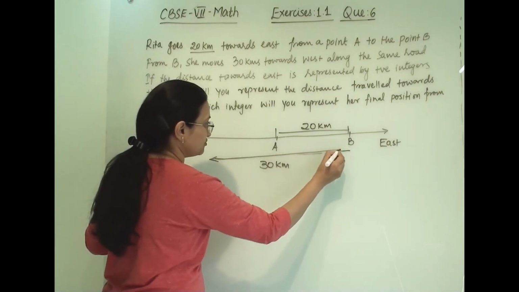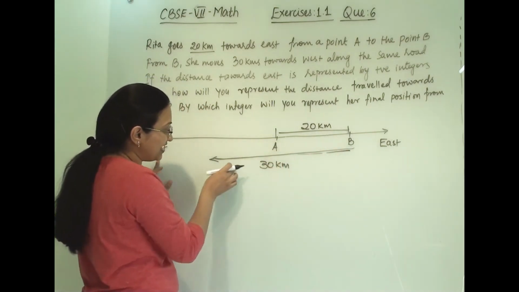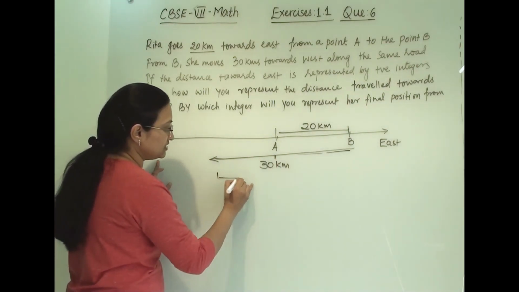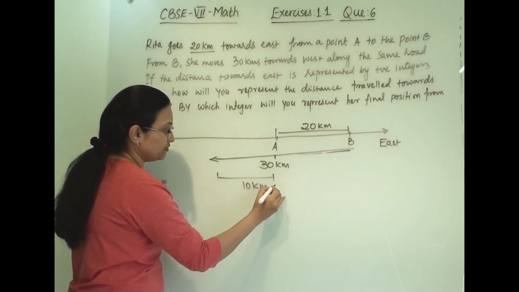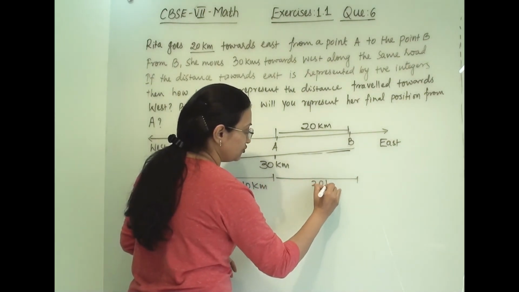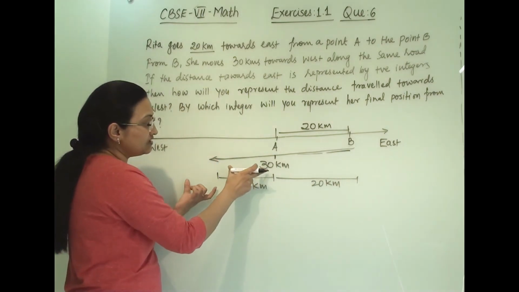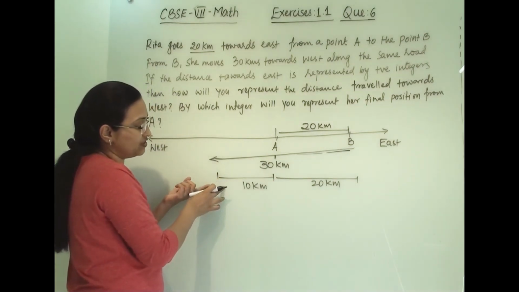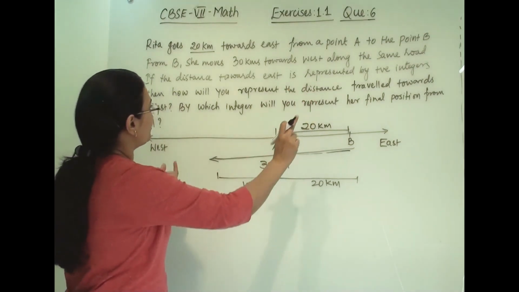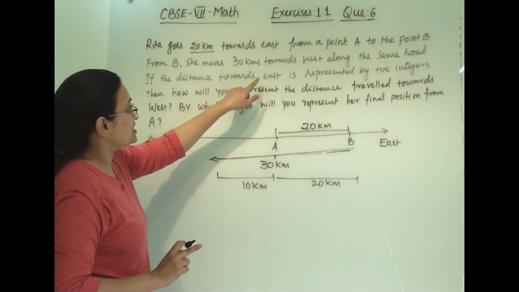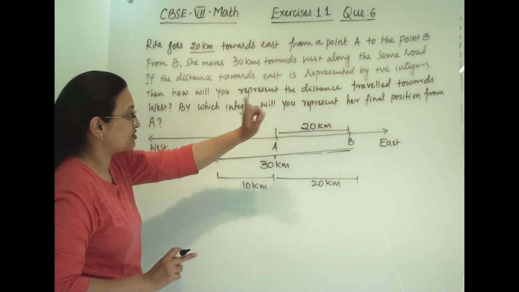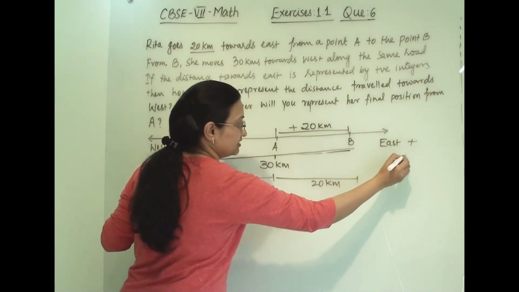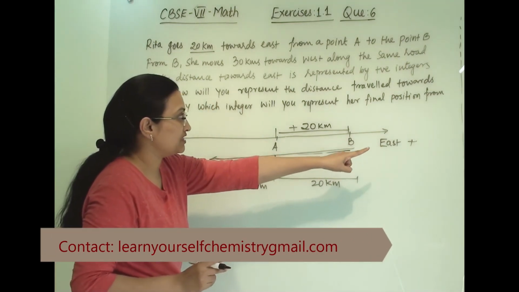Earlier it was 20, so she will pass point A and move further west. If we count this, it will be 10 kilometers, because already A to B distance is 20 kilometers but she moves 30 kilometers. So she will cover B to A and then a further 10 kilometers to the west. Now, the distance towards east is represented by positive integers.